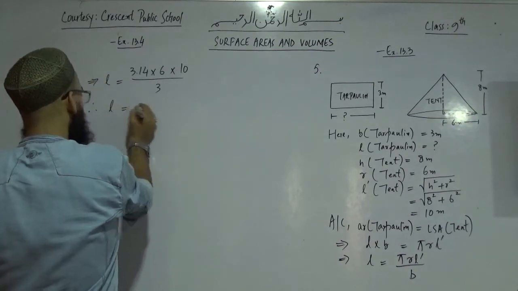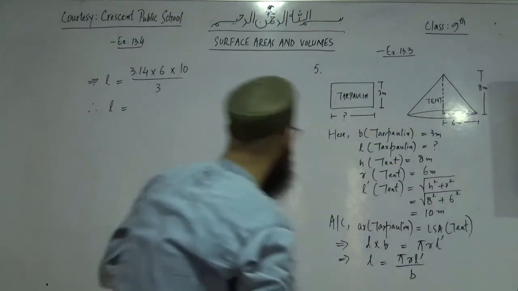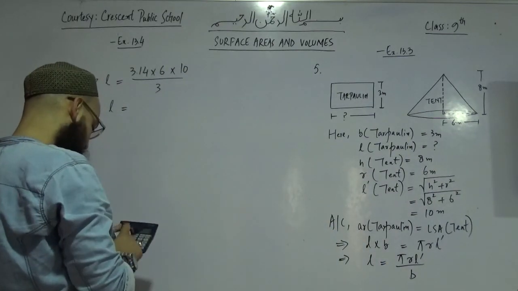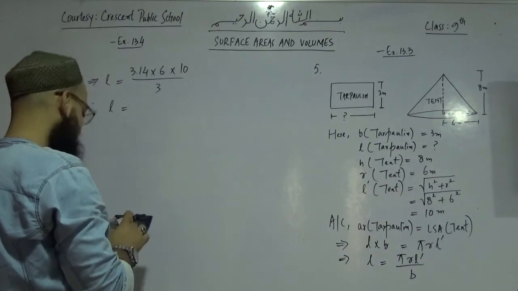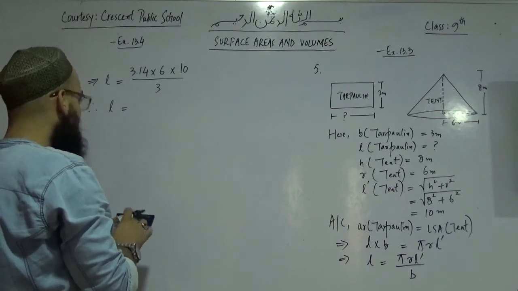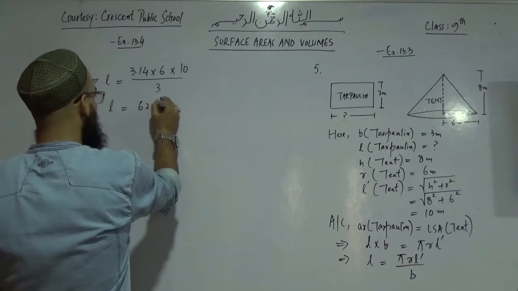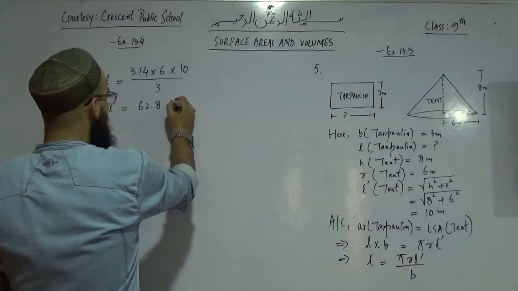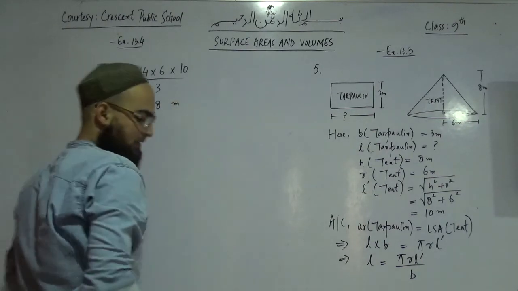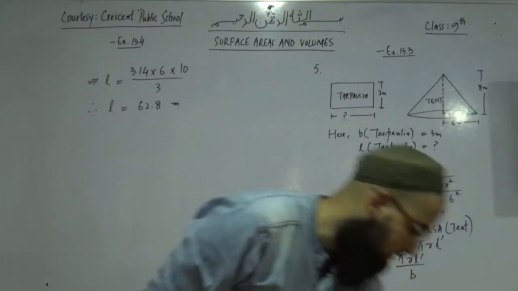Therefore L is 3.14 times 2 times 10, it's 62.8 meter.